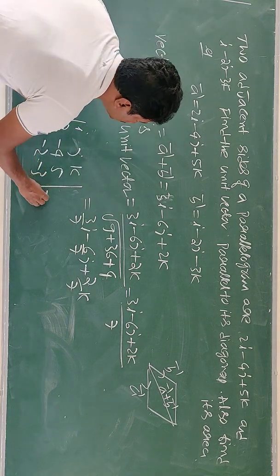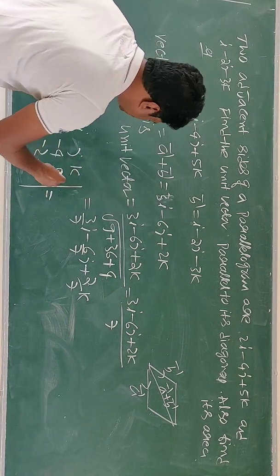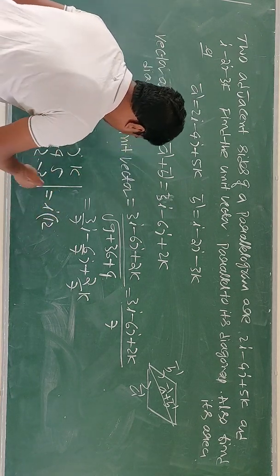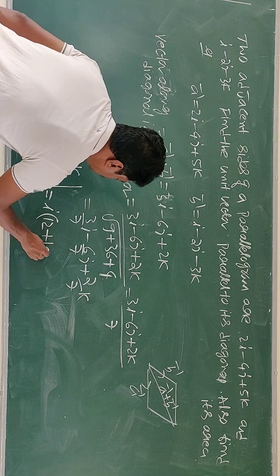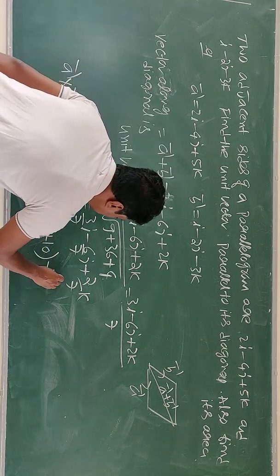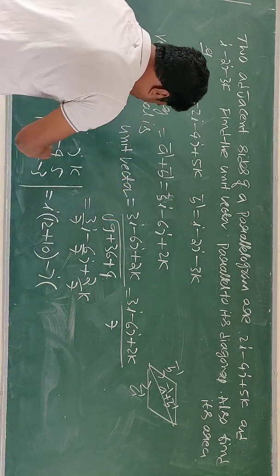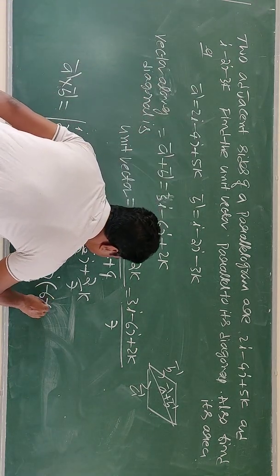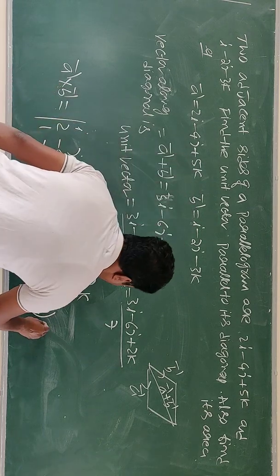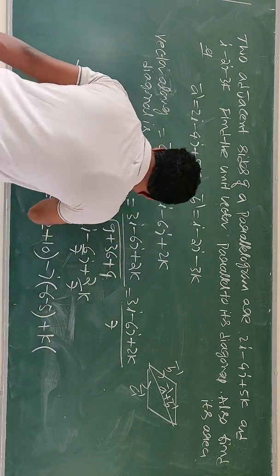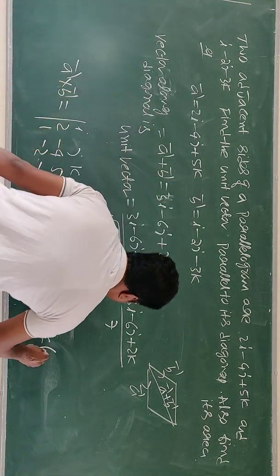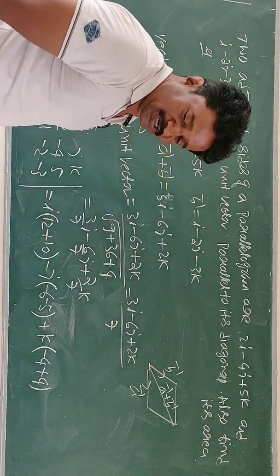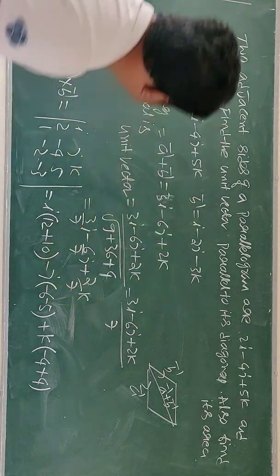Expand it: i into 12 plus 10, minus j into minus 6 minus 5, plus k into minus 4 plus 4, which is 0. Tell me A cross B, students.